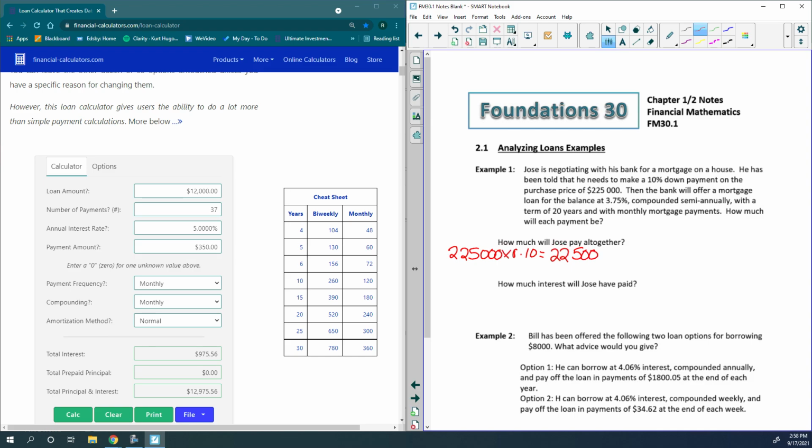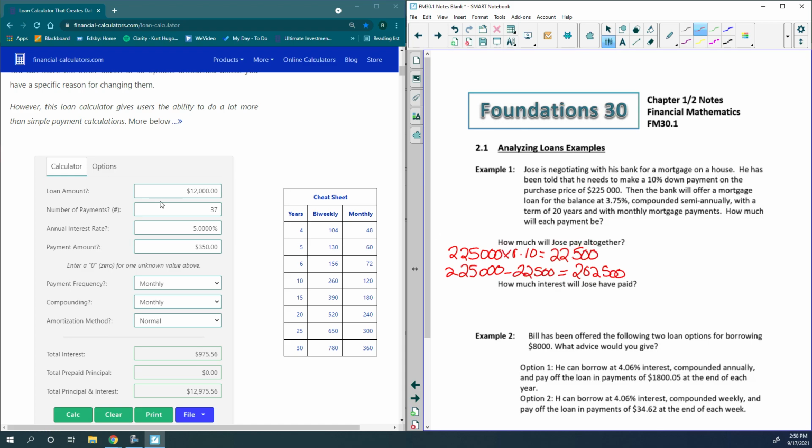And so then I'm going to take his house cost minus the money that he has to pay. So I'm going to take the 225,000 minus the 22,500. And so the mortgage that he's going to get is actually going to be for 202,500.